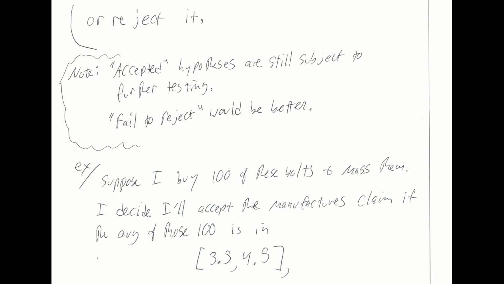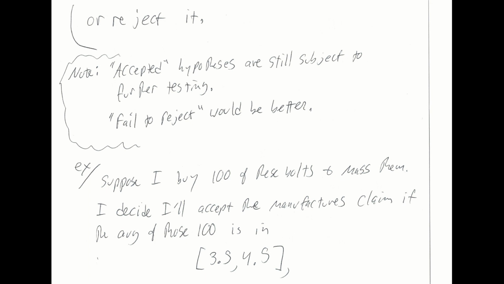And when we say acceptance here, acceptance is always conditional when it comes to science and engineering. Even if a claim has been quote-unquote accepted to date, it's still subject to further testing.